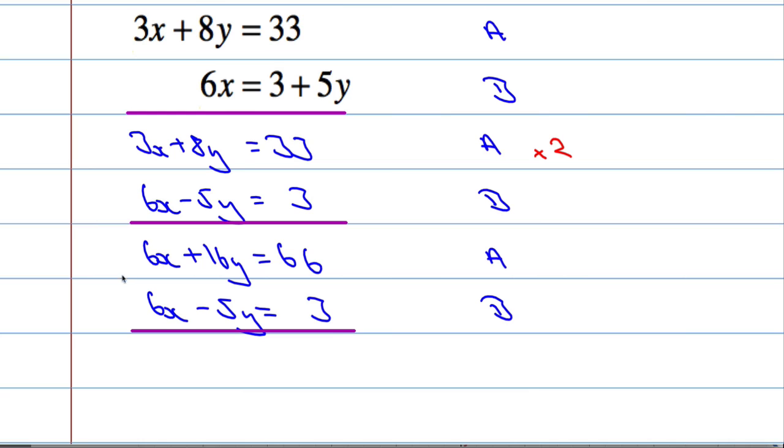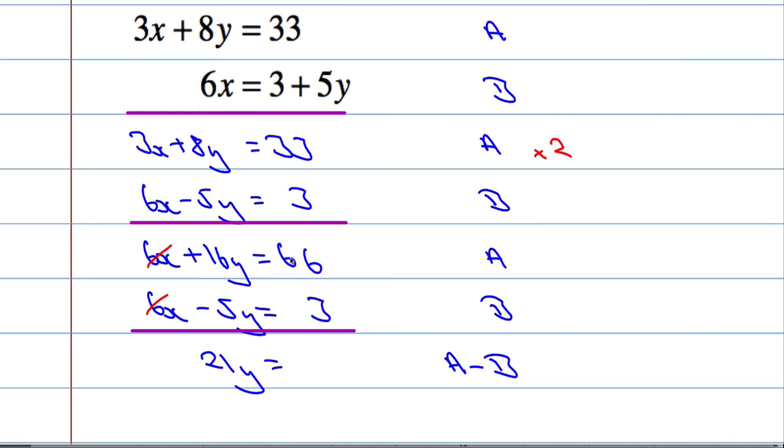The way I'm going to do that is I'm going to do equation A subtract equation B. So 6x take away 6x is 0, so they cancel out. 16y take away negative 5y is the same as 16y plus 5y, which will give me 21y.